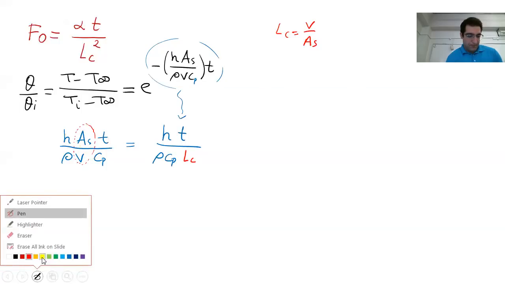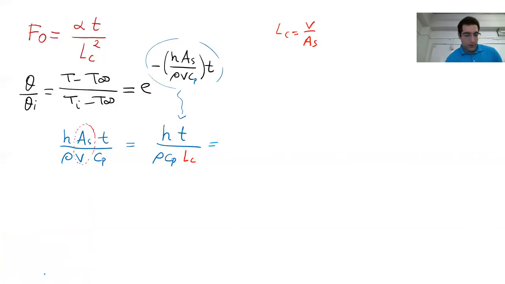And now, what I'm going to do is say, okay, can I make h Lc over k, h Lc over k, then I added the Lc here, I added the k here, and times k over rho C times t over Lc, and it should be a square. Why a square?